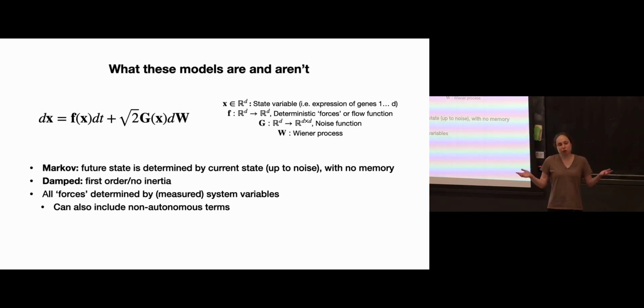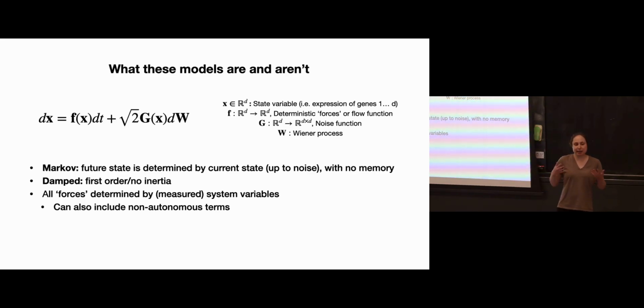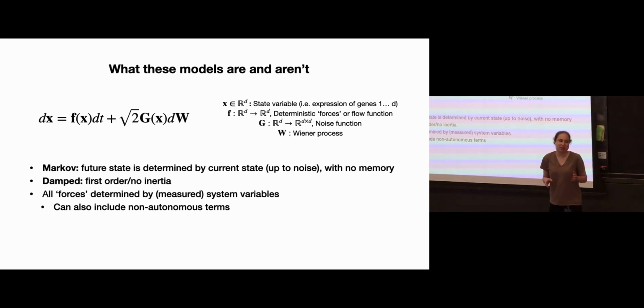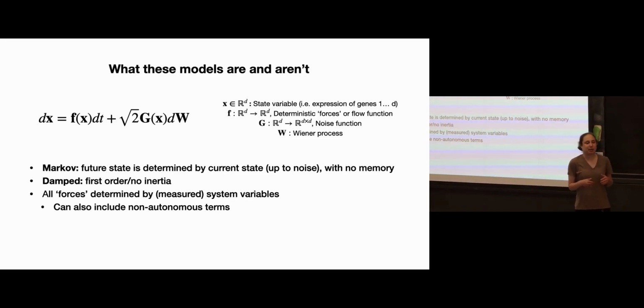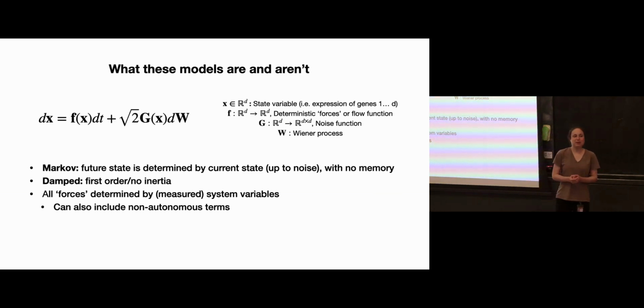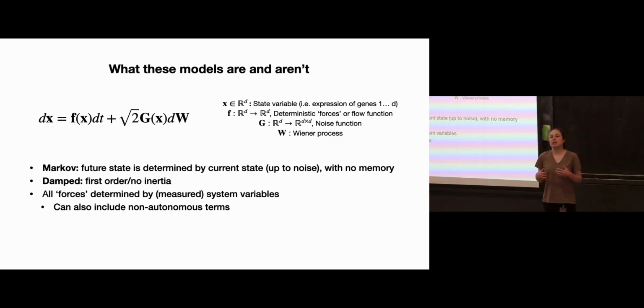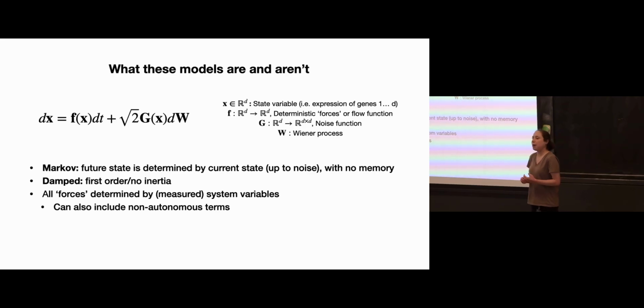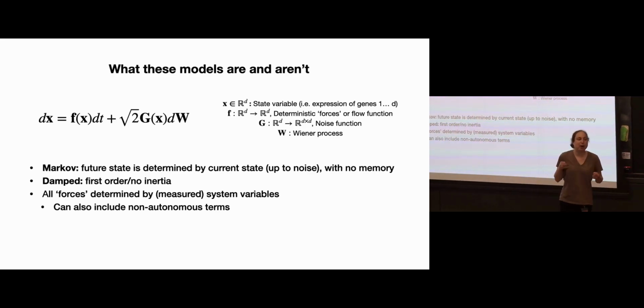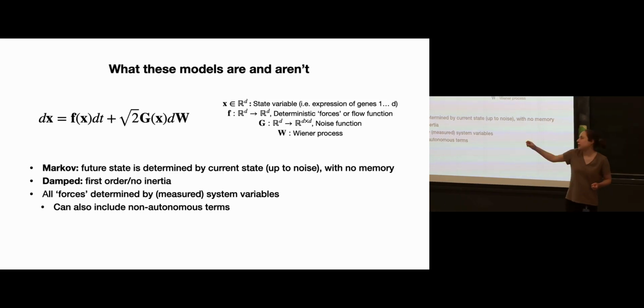So almost certainly there are other variables that might be important that you have not measured, and to the extent that they exist, they're going to get subsumed into this noise term. But the assumption is that you have a good enough set of variables that you can get something meaningful from assuming that essentially they are the things that influence one another in this deterministic F term.